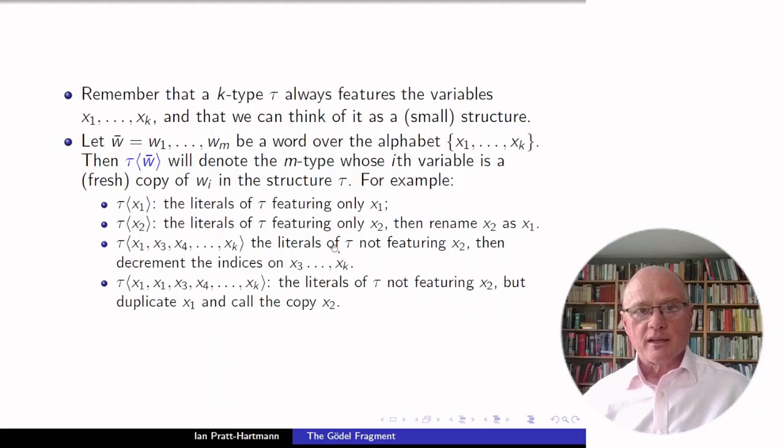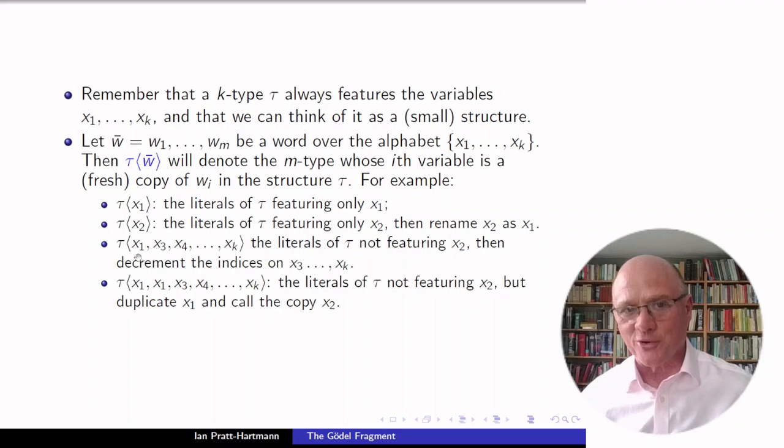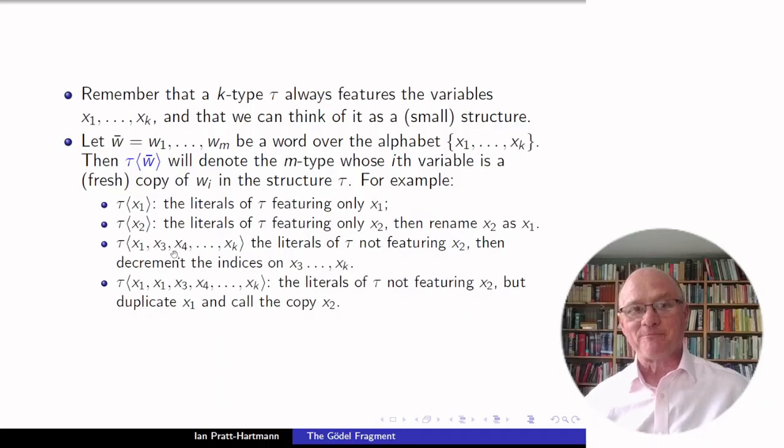Well, it's the set of literals of Tor not featuring x2, because x2 doesn't occur anywhere here, but then we decrement the indices on x3 up to xk. So the second variable of this type, x2, behaves like x3 does in Tor. The third variable of this type behaves like x4 does in Tor, and so on.